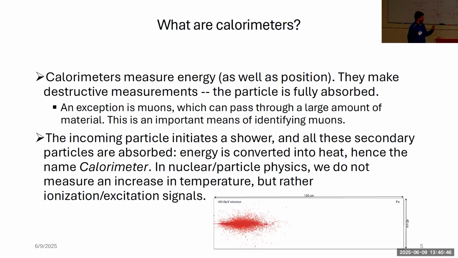Rather, we measure excitation signals: basically ionization energy loss in scintillation material that's embedded in the calorimeter. The amount of scintillation light and ionization we measure is proportional to the energy of the particle.